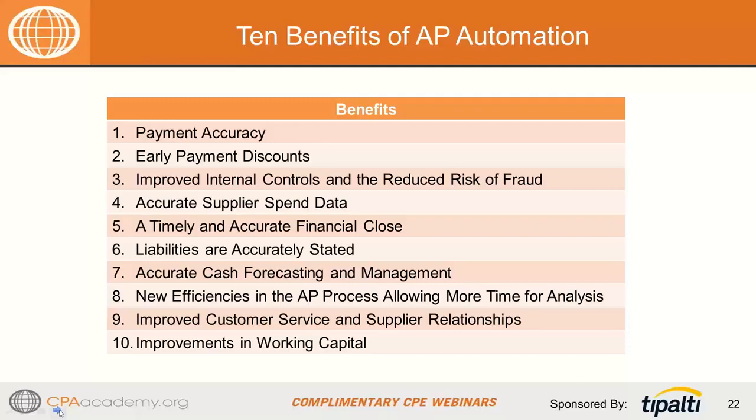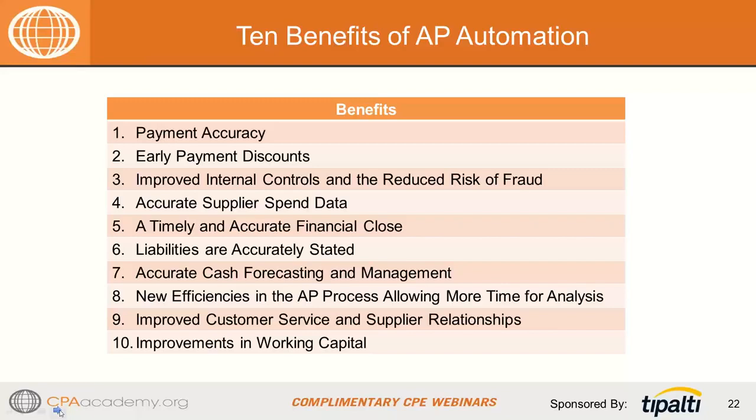Liabilities, of course, will be accurately stated, accurate cash forecasting and management, and new efficiencies in the AP process will allow the individuals in the department to spend more time on analytics, improve customer service and supplier relationships. And when we think about our customer relationships, certainly something we want to garner, but we also have to think about our supplier relationships.